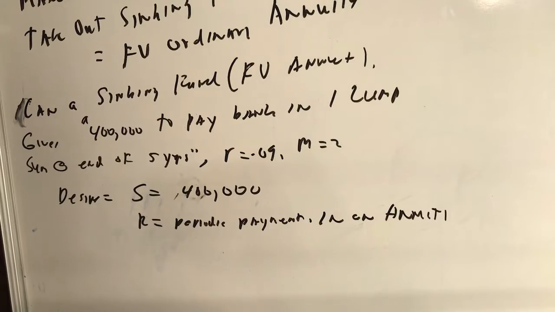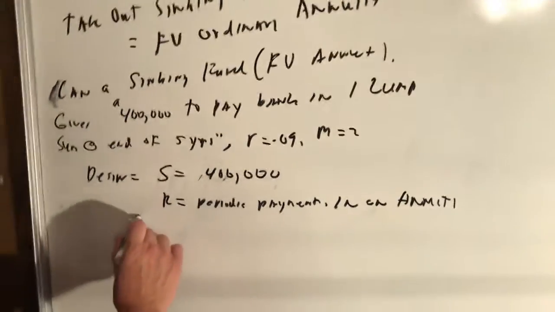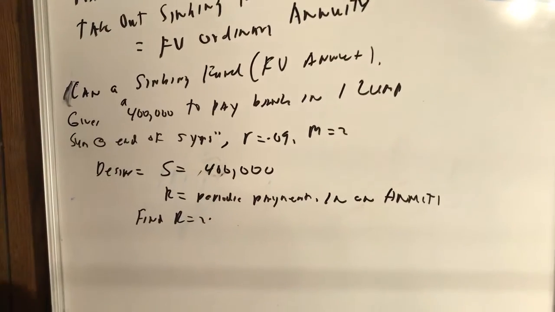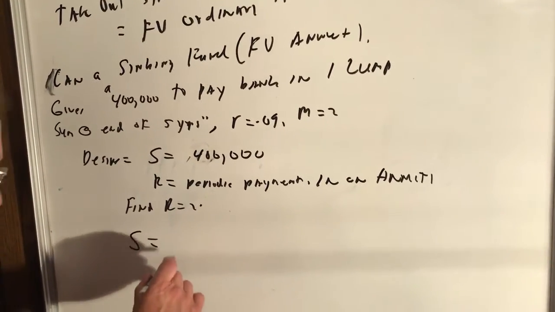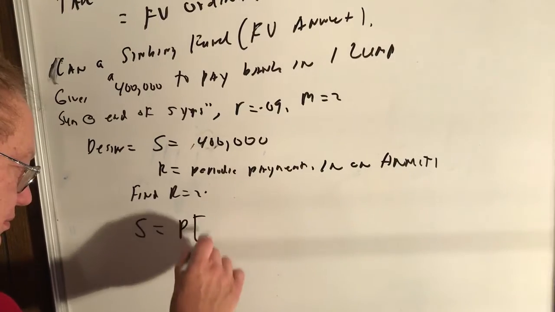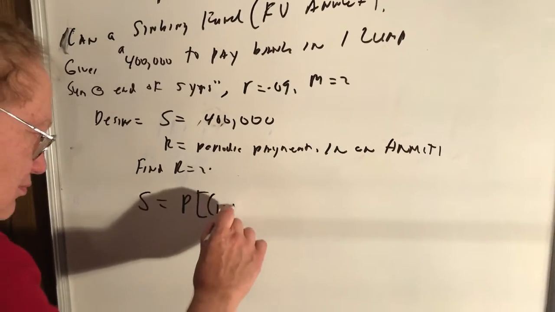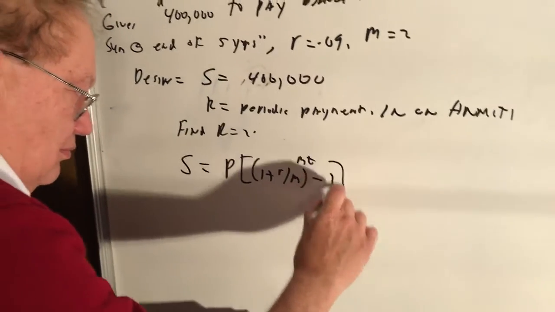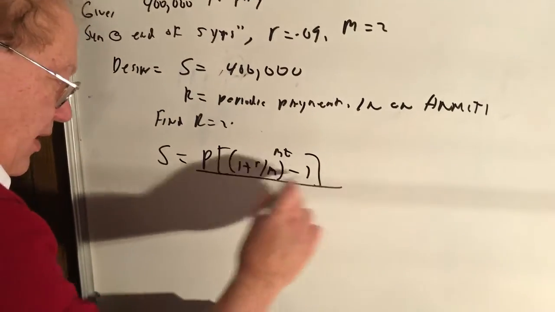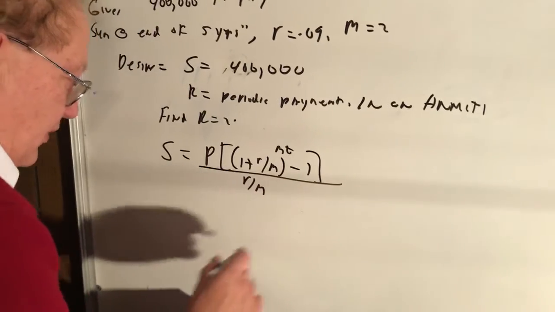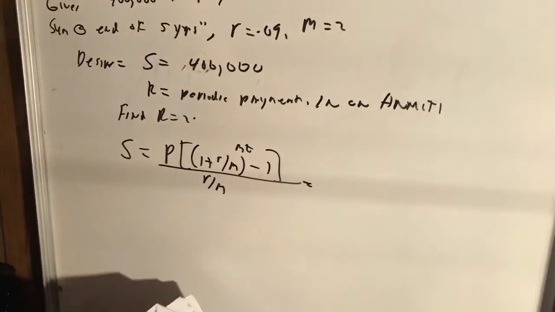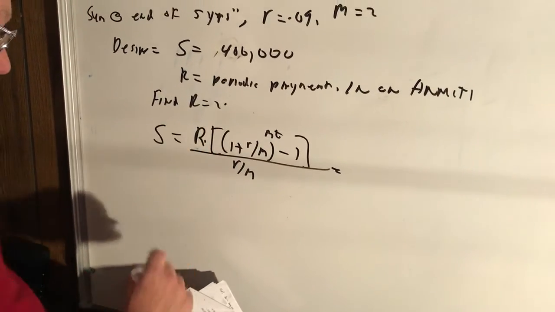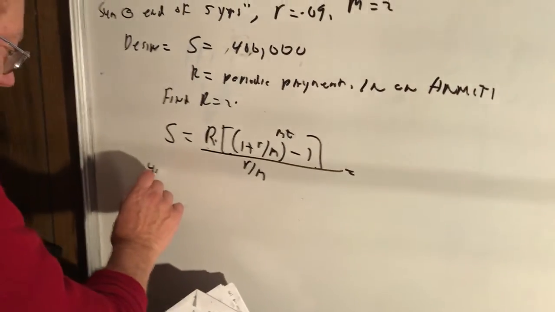So in this case, once again, I want to find R. But in this case, I use a future value equation. Divided by R over M. So in this case, this is R, not P. S is 400,000.